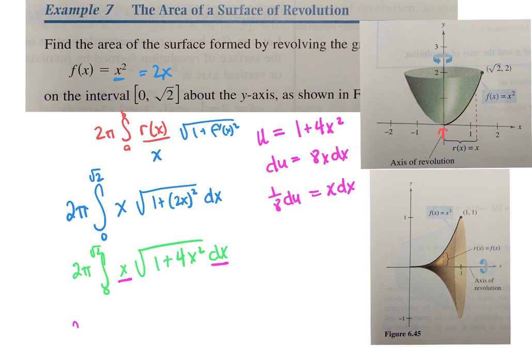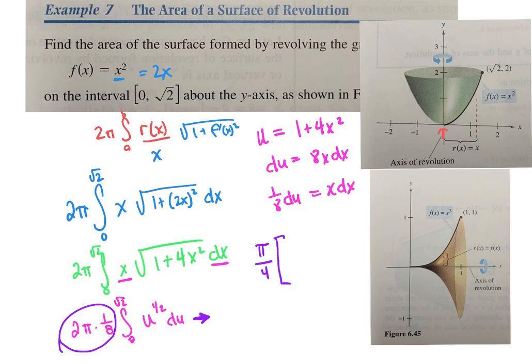And so for my u substitution, I'd have 2 pi times that 1/8, from 0 to square root of 2, and then I just want my u to the 1/2 du. And of course, the antiderivative of that looks very much like what we've been doing. I'm going to combine this right here to say pi over 4.